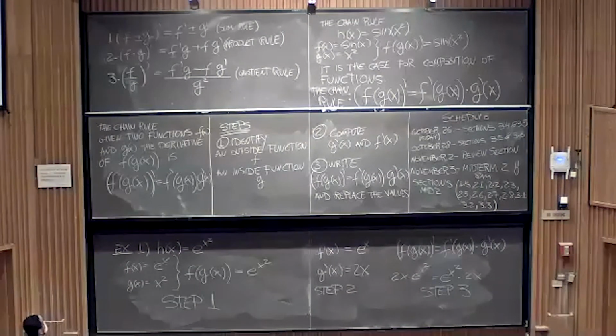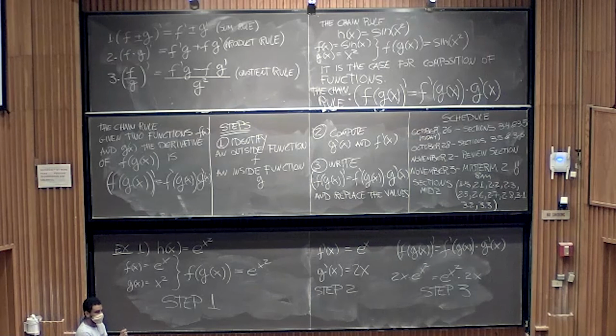No, it's not the same as product. Product rule is when you have a product of 2 functions. But in this case, you have a composition of 2 functions. For a product of 2 functions, look at number 2 over there, first board. Derivative of the first times the second plus you keep the first times the derivative of the second. That's when you have a product. But right now, you don't have a product, you have a composition.